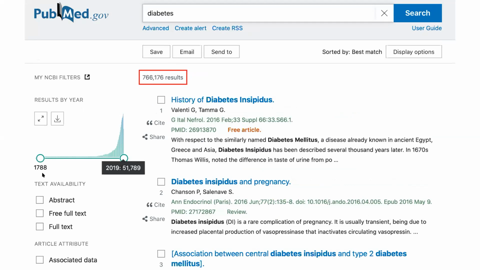The first studies appear back in 1788, and in total you have over 766,000 results. So here you can see a number of different types of publications and a number of different types of results that they yield, right?